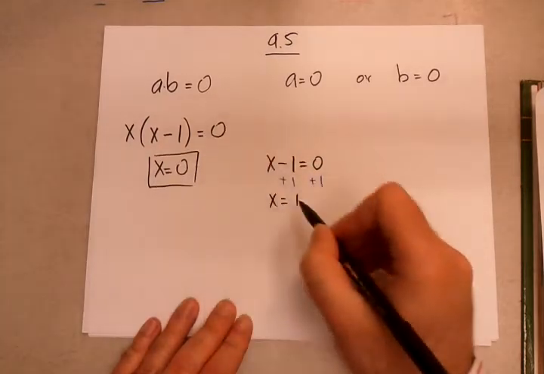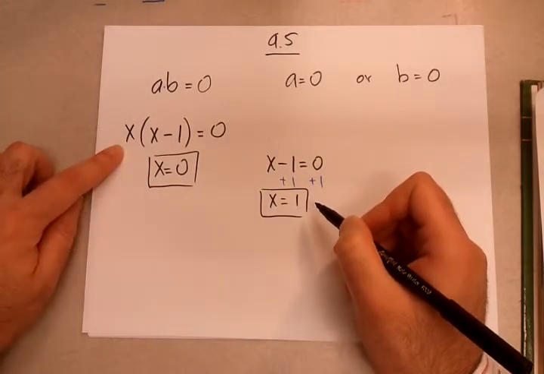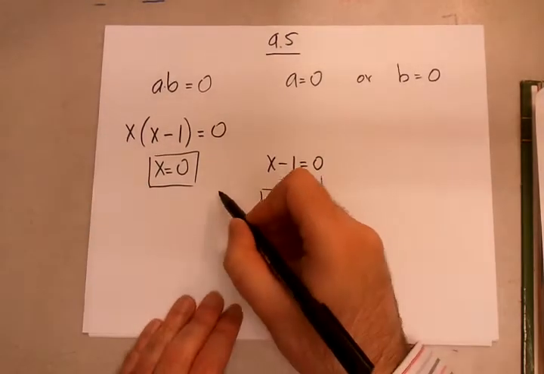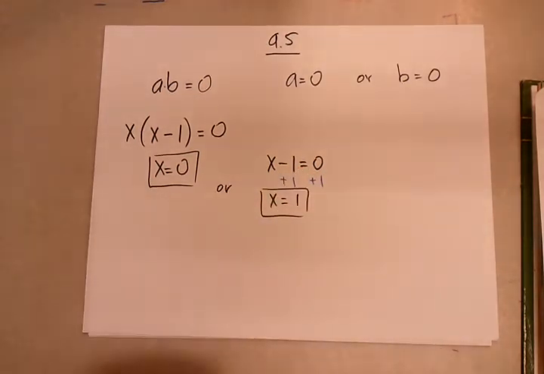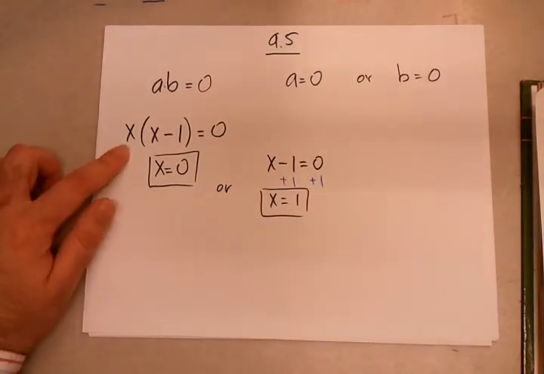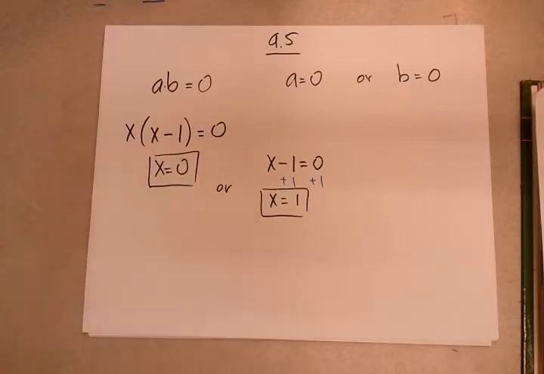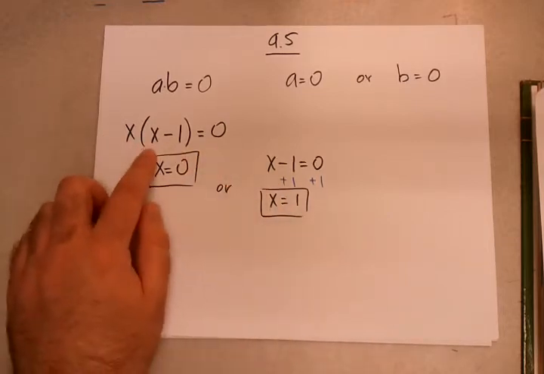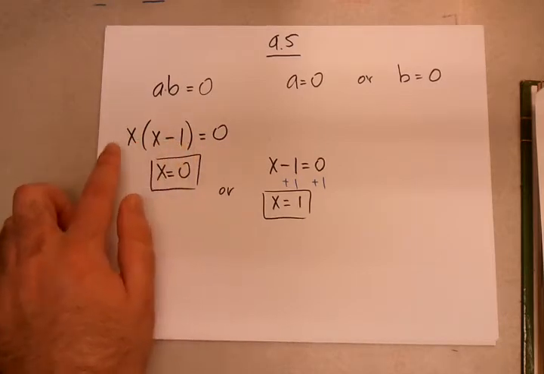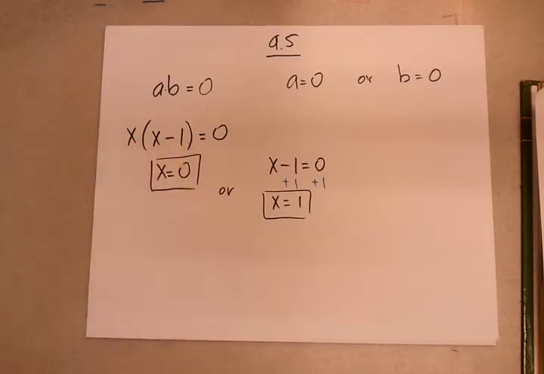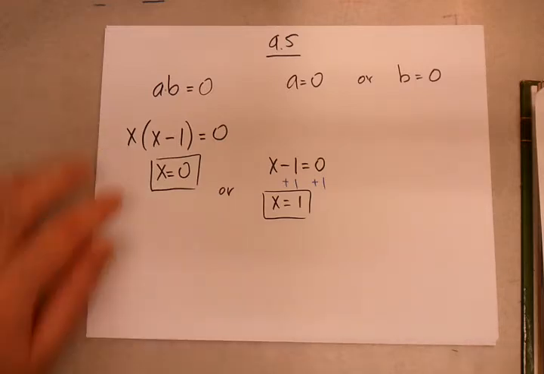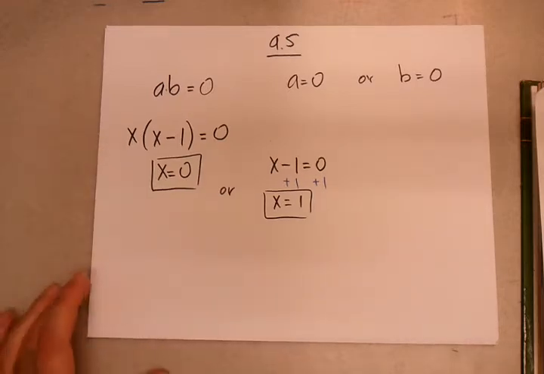So for this case, x can either be 0, which turns this entire thing into 0 because you'll distribute 0 to everything. Or if x is 1, you'll have 1 minus 1, which is 0, and 0 times x is 0. So either one of those, 0 or 1, makes this statement true.